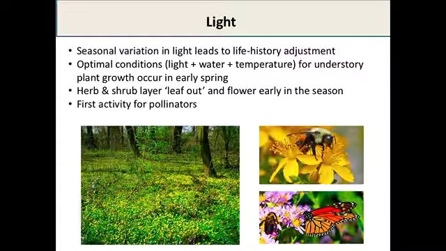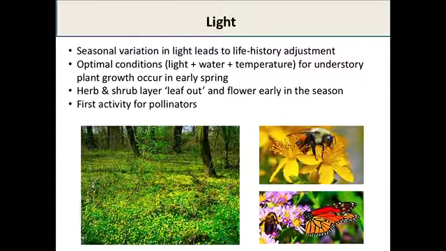Most understory shrub or herb layer plants are adapted to this, and they will have the majority of their growth and their leaf out and their blooms timed earlier in the season than the canopy layer, because they're maximizing the period of time that they can get their light.